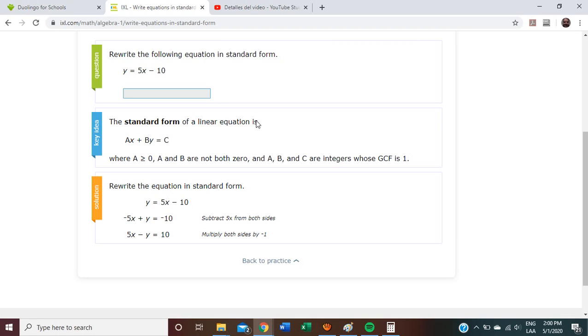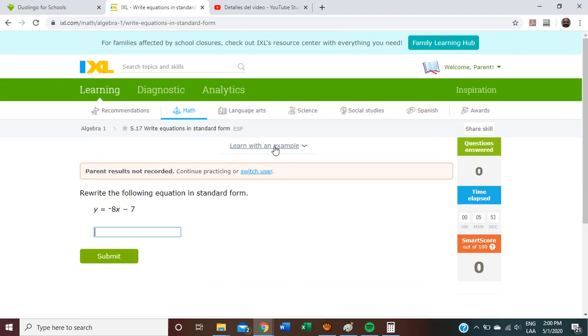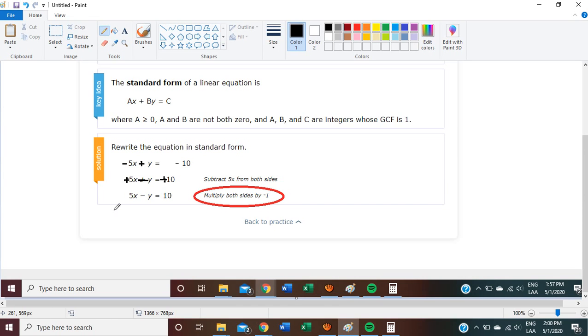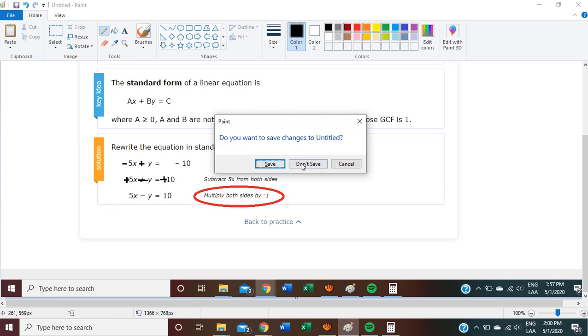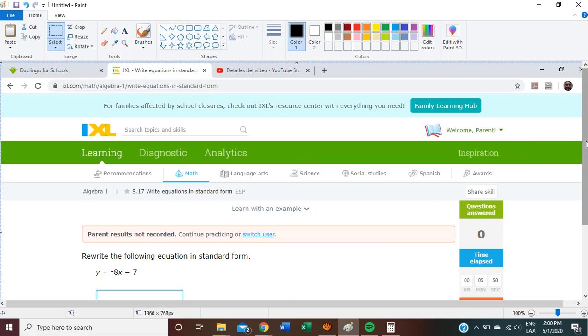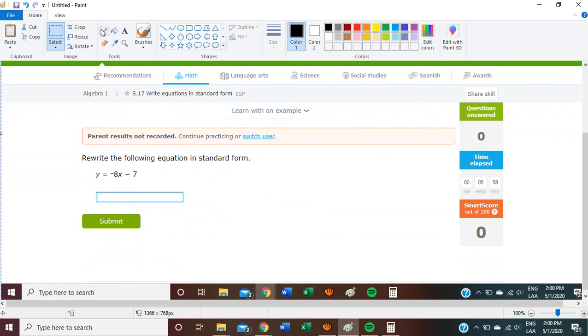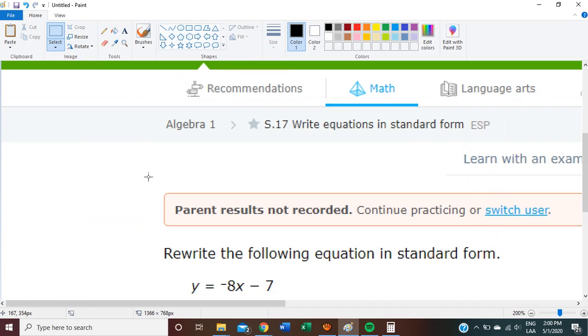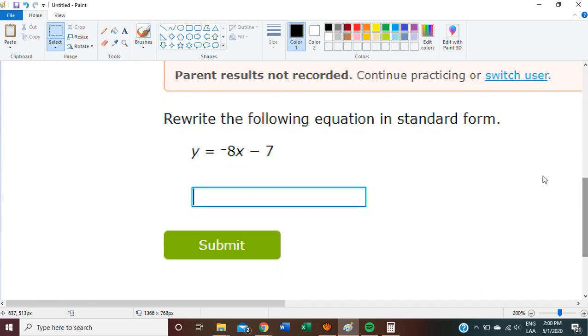Okay, we're going to do a lot of examples because they are done really easy. Remember, in this one, we are going to send this number, let me just put it a little bit bigger, remember the variables are going to the left part, to the other side of the equation.